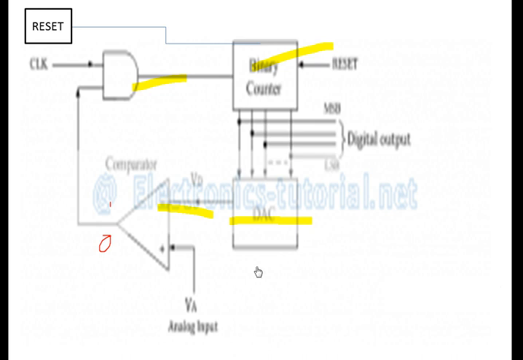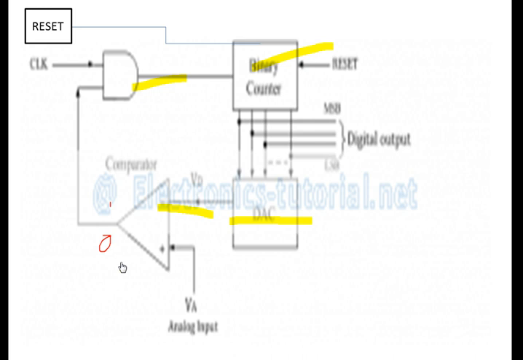So in order to avoid that effect, we are using the up down counter in place of the binary counter. If you are using the up down counter in place of the binary counter, it will count up or count down depending on the input voltage we are applying. For example, the initial voltage is 8 volts.